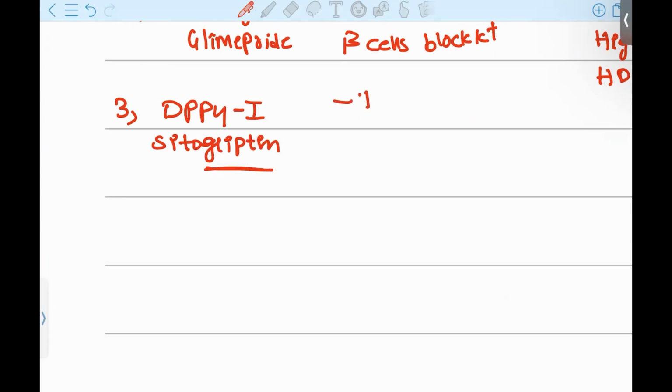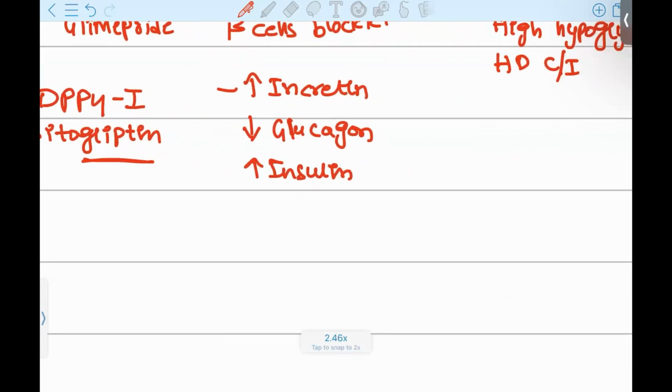Indirectly they increase incretin levels. If incretin is increased, it further decreases glucagon and increases insulin. This is how the DPP4 inhibitors work.